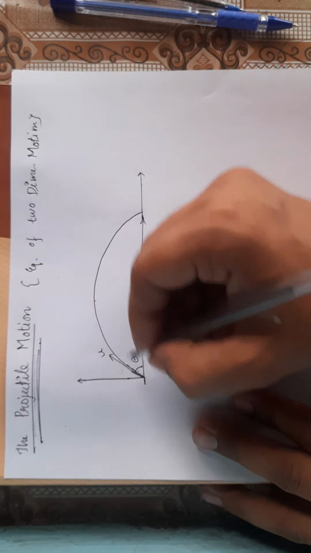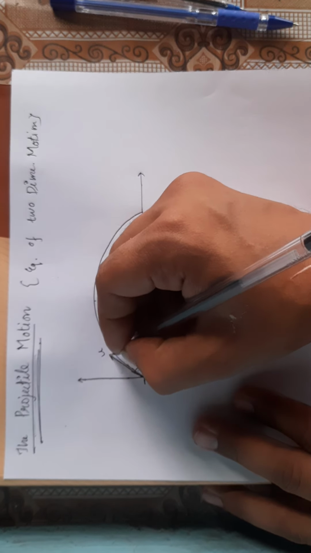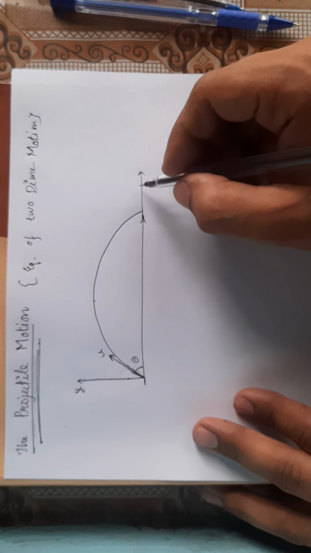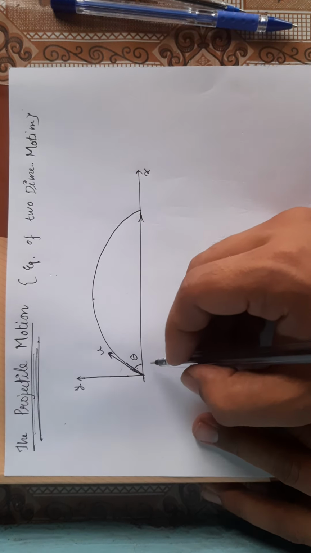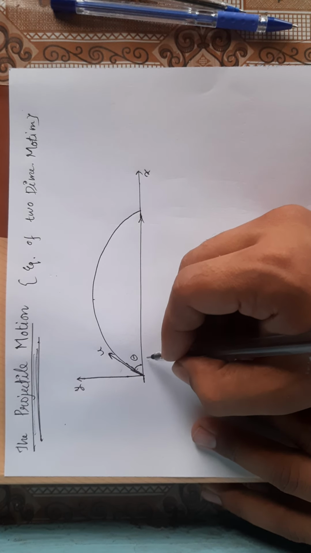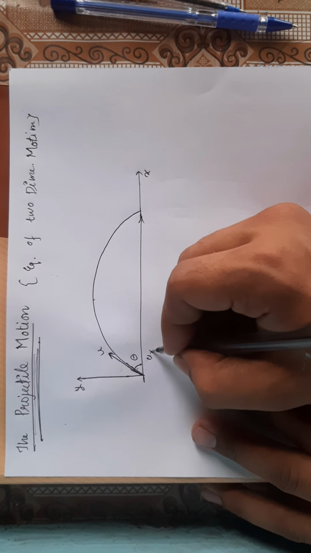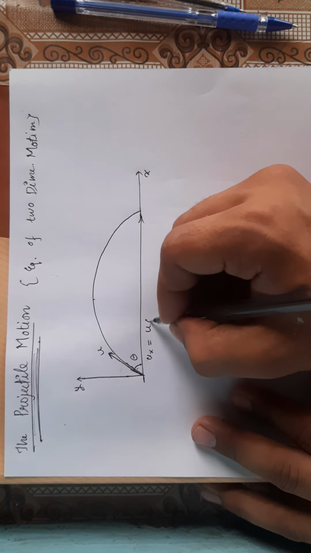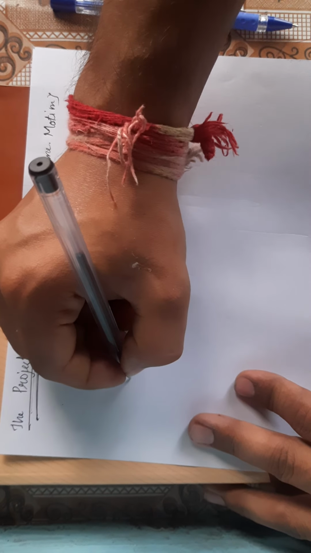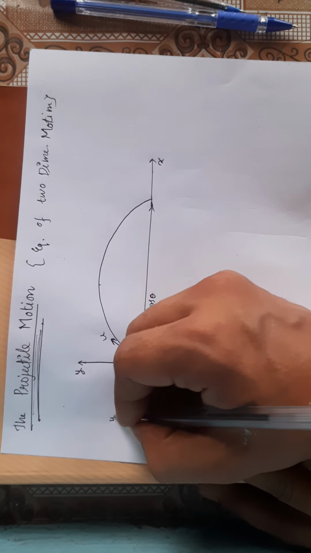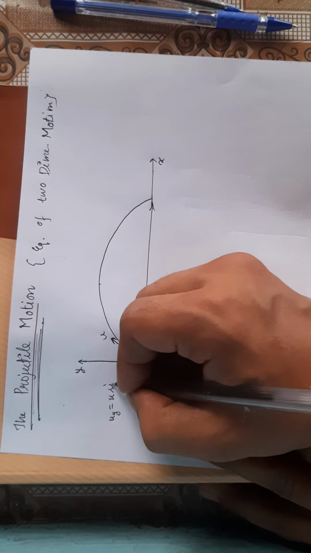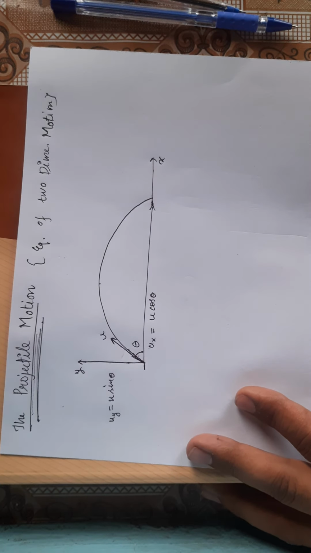If we resolve this velocity u into components along x and y, the component along the x-axis becomes ux equals u cos theta, and the component along the y direction becomes uy equals u sin theta.